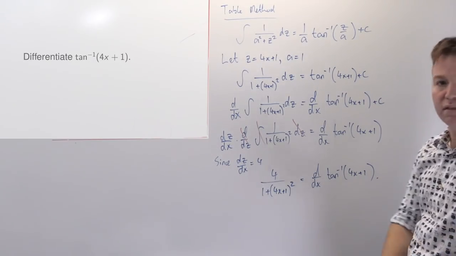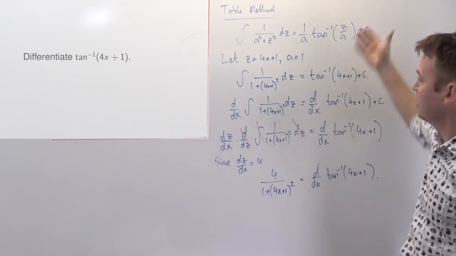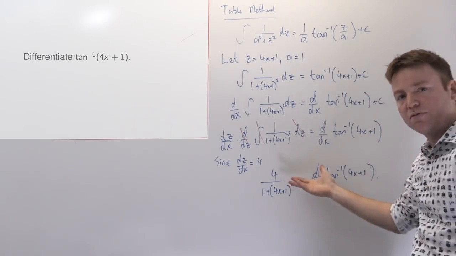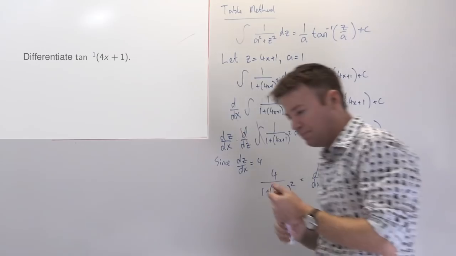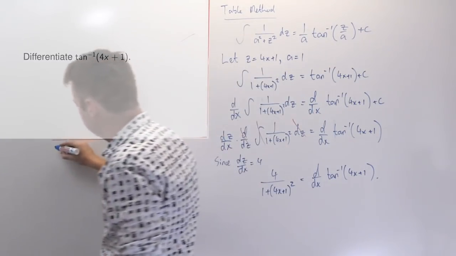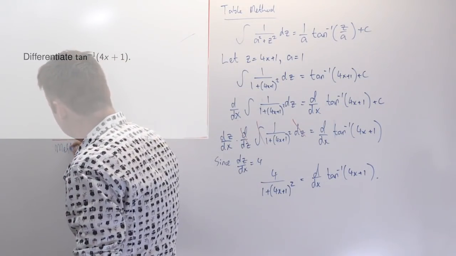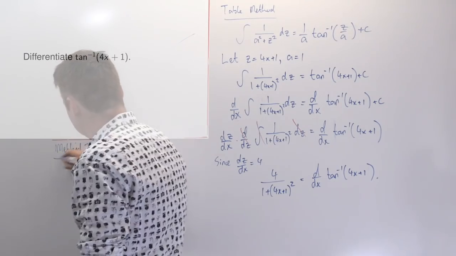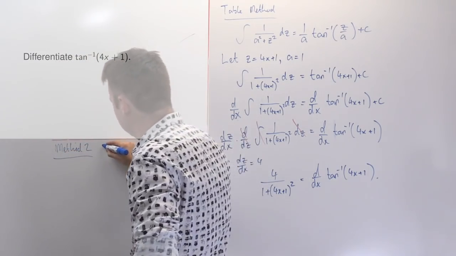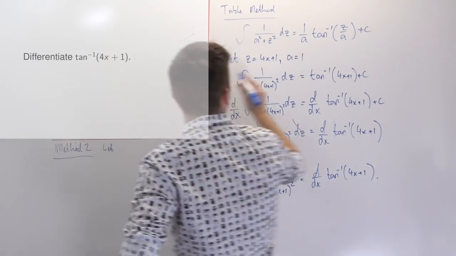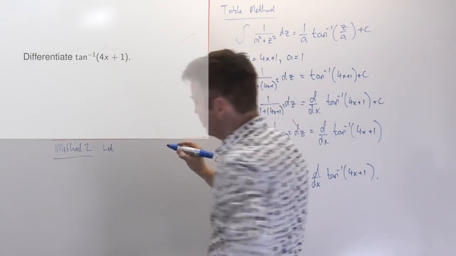That's one way of doing it. That may be the most familiar way to you from school as well. Let me show you a different way. This is where you let, what am I trying to integrate here?